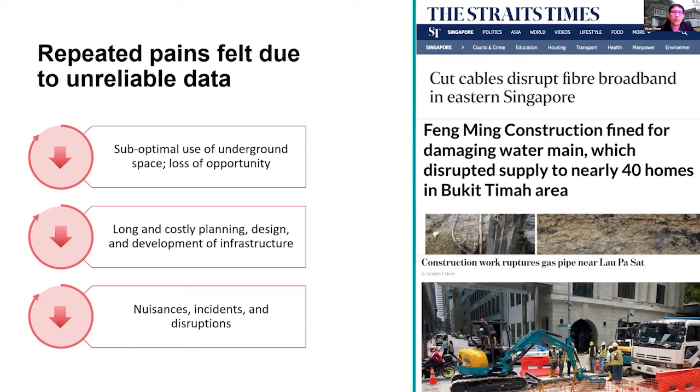A lot of repeated work required, and of course create nuisance and sometimes incidents and disruptions to the general public. We really want to seek to solve this problem in a sustainable way and in the long term, right? And of course, I think we all understand that we can't really do this overnight.